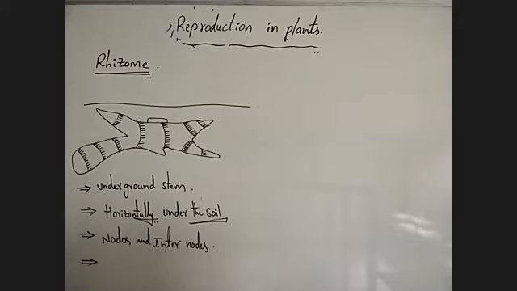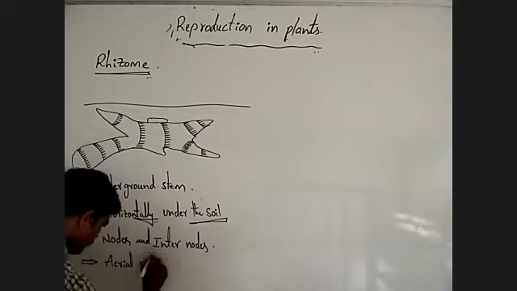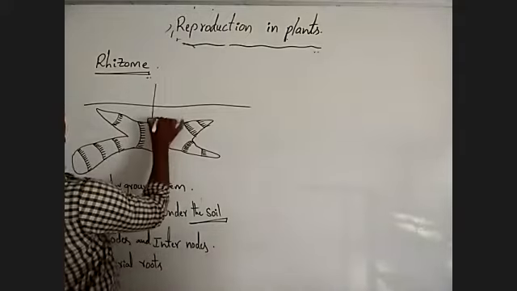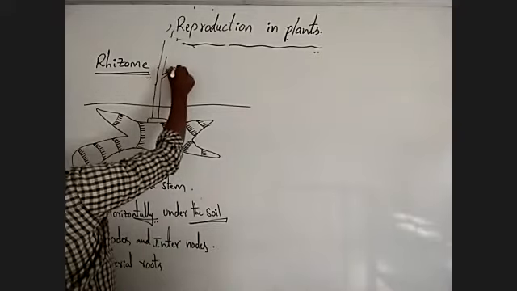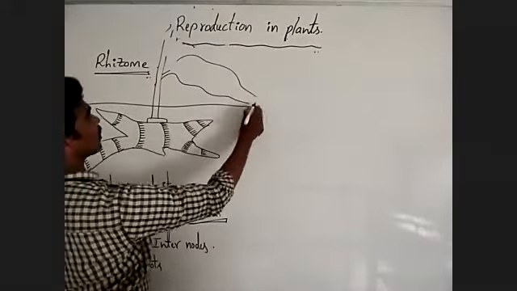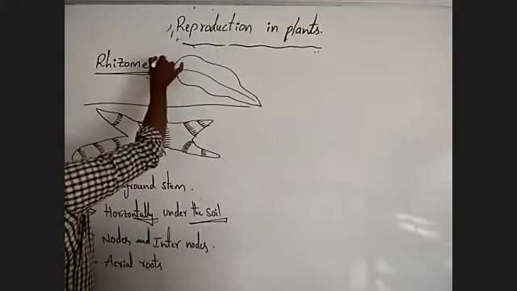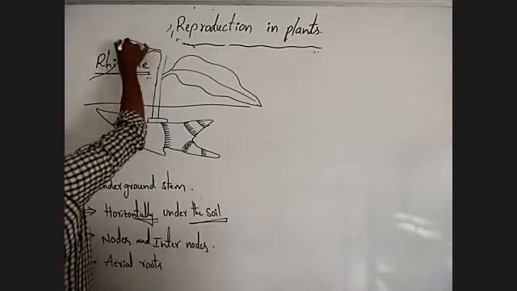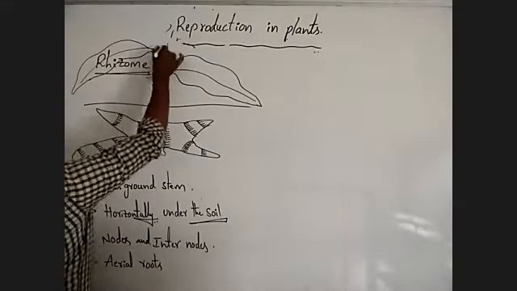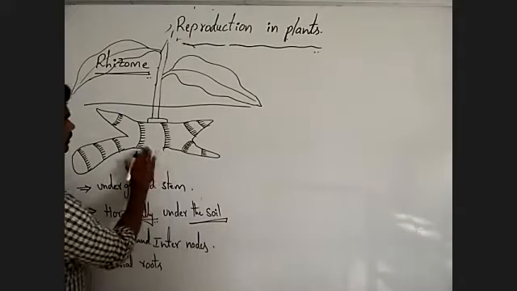Axillary bud develops into the aerial leaf.